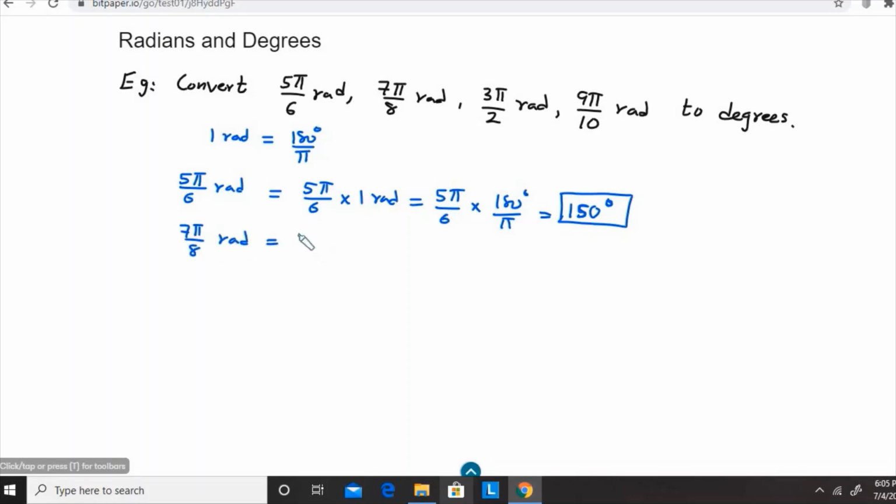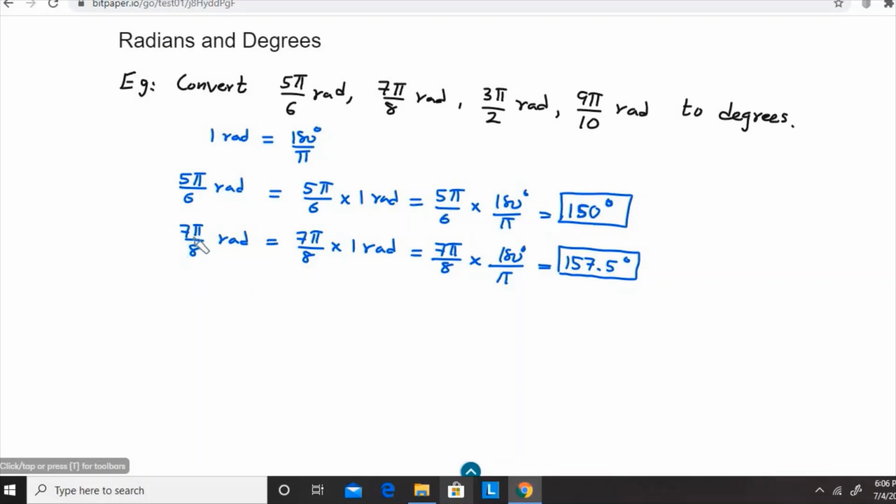Again, I can break this into 7 pi over 8 times 1 radian, and I'll substitute for that 1 radian 180 degrees over pi. And then simplify this, and you should get the answer as 157.5 degrees. Yes, that's the answer for the second example.